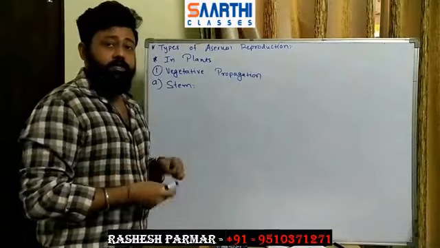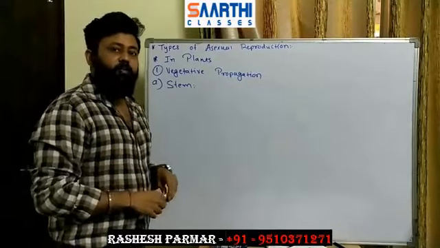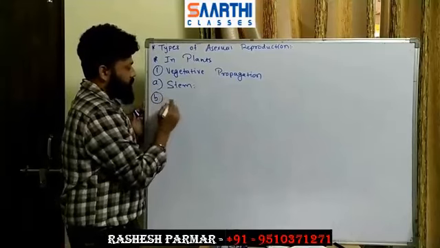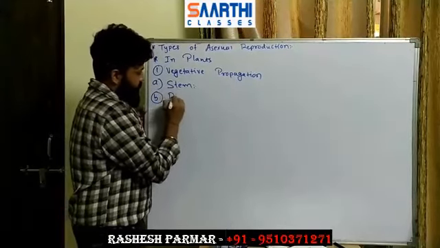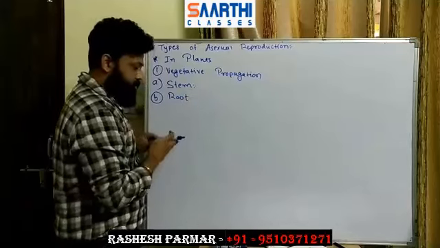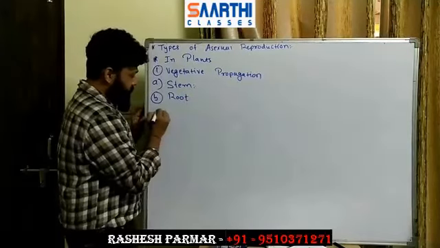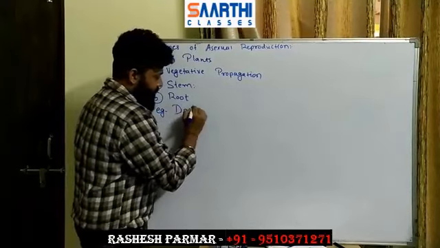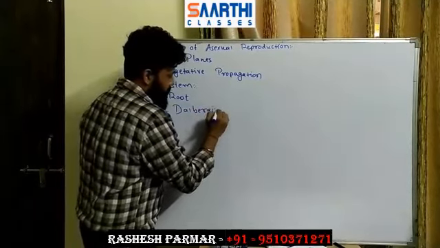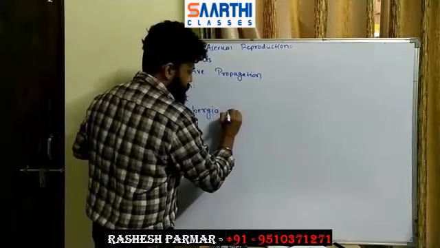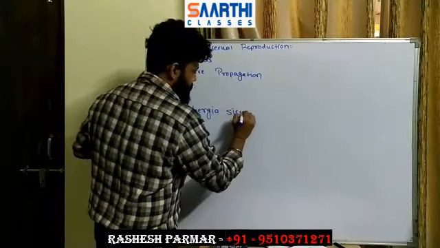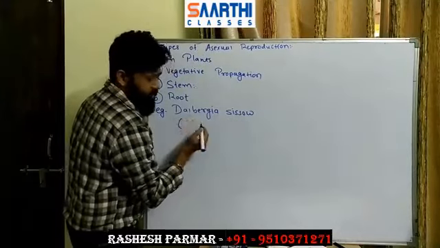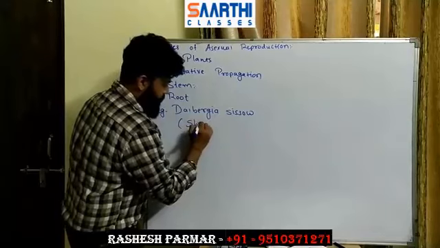Now we'll discuss the other two vegetative parts, that is vegetative propagation through root. The examples are Dalbergia sissoo, commonly we call it the shisham plant.